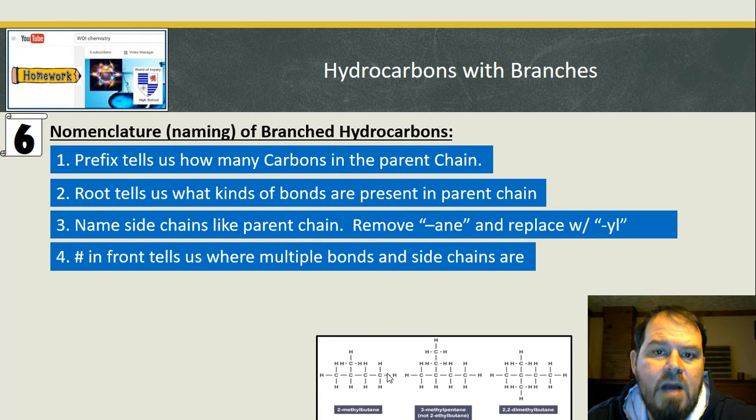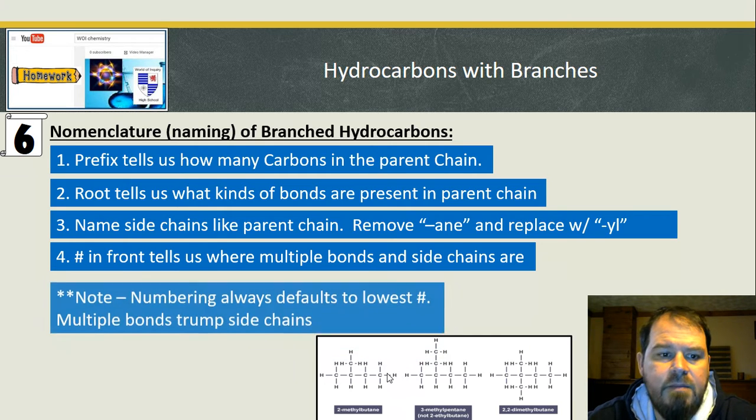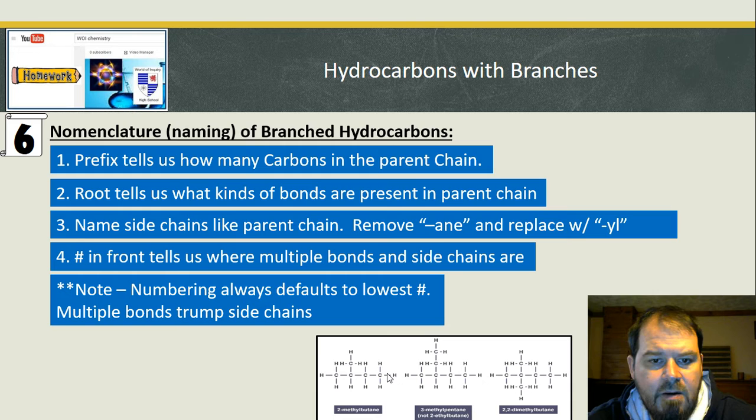If it says 2 methyl, the 2 is applying to the methyl. And if it says 3 pentene, the 3 is where the double bond is on the pentene. So we'll go through this ad nauseum to make sure we all got it.